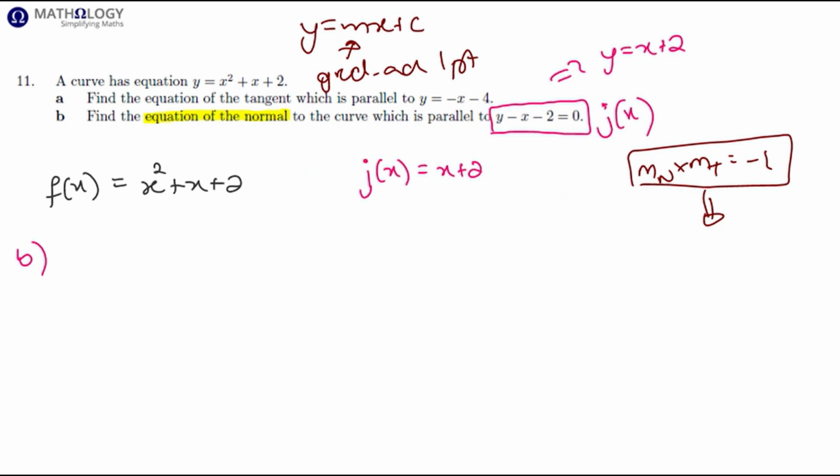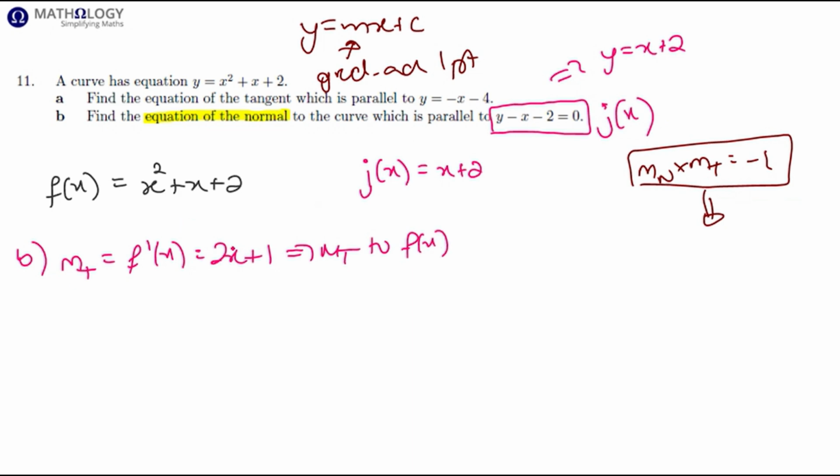So what we can do first is determine the gradient of the tangent, which is given by the derivative of the curve, f prime x, which is 2x plus 1. 2x plus 1 represents the gradient of the tangent to f of x at a particular point.